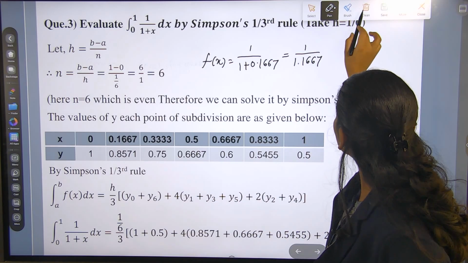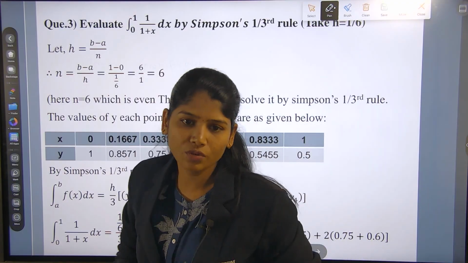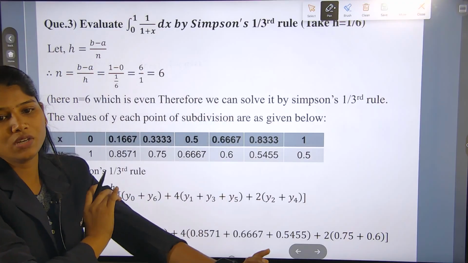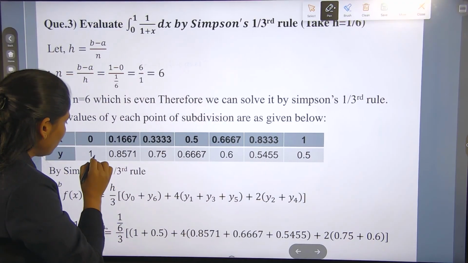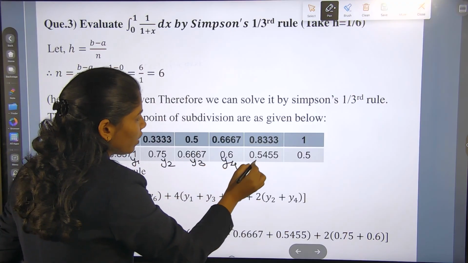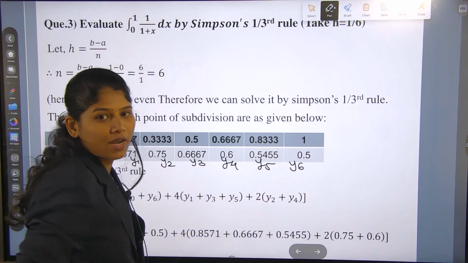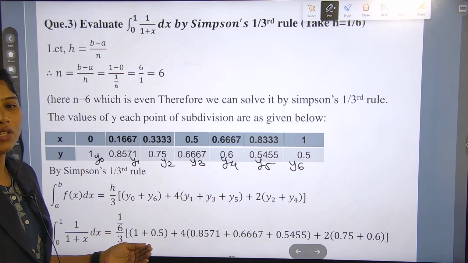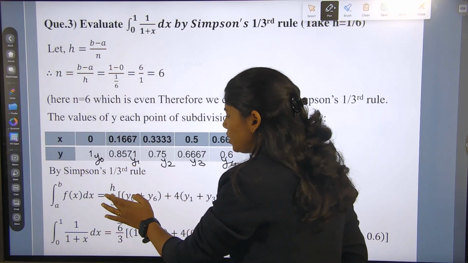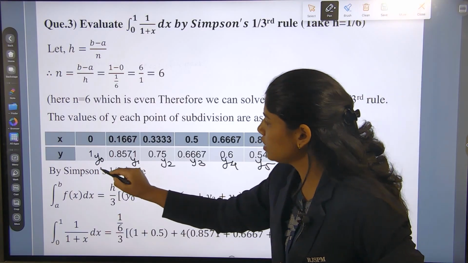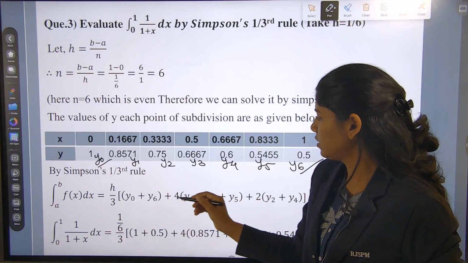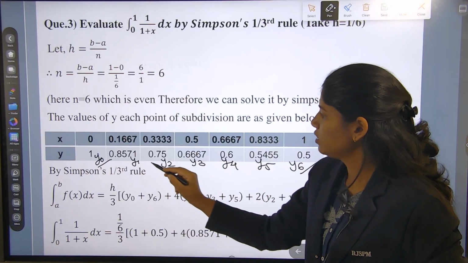Okay. After preparing the table, we know the formula for Simpson's 1/3 rule. First mention here y0, y1, y2, y3, y4, y5 and y6. So we know the Simpson's 1/3 formula: integration from a to b of f of x dx equals h upon 3 in bracket, the sum of the first and last term, so y0 plus y6, plus 4 times the sum of odd terms.